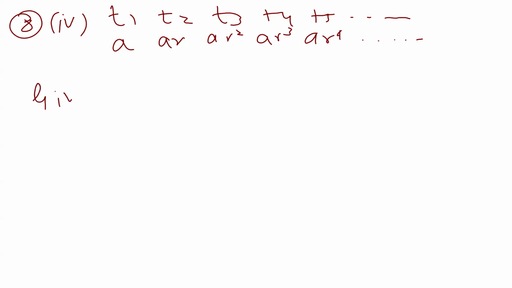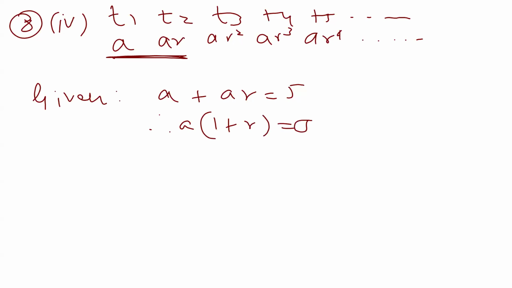What is the first condition given to us? The sum of the first two terms, A plus AR is equal to 5. Therefore, A into 1 plus R is equal to 5. Equation number 1.